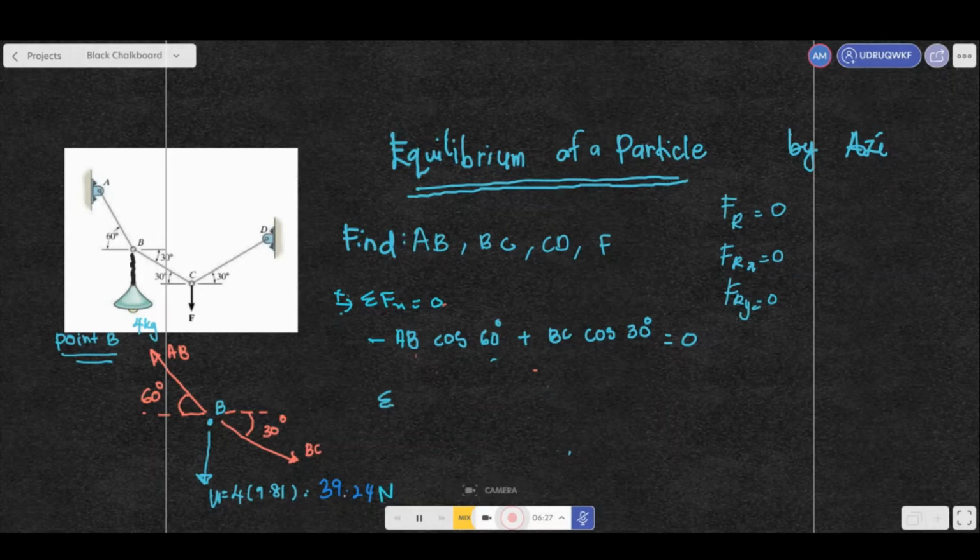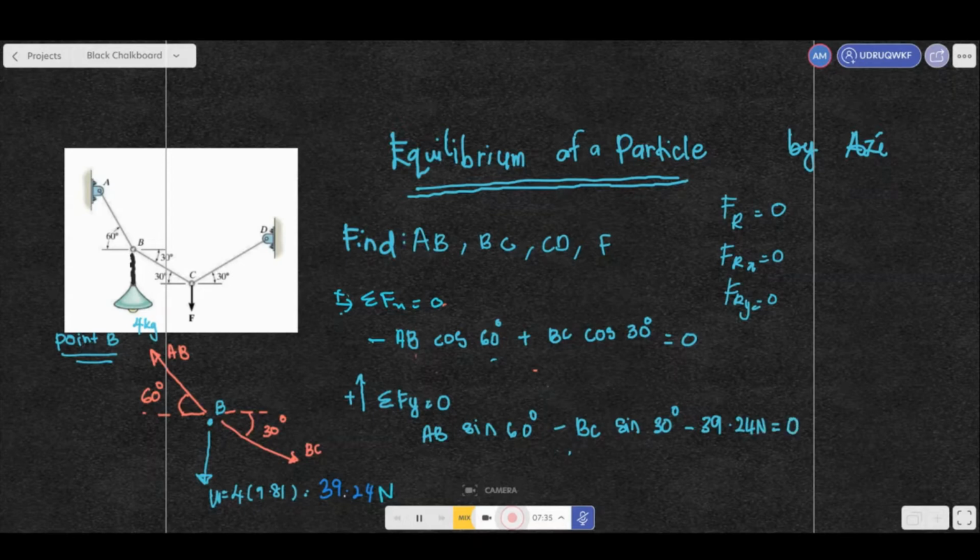And for the summation of Fy equal to 0, we have AB sin 60 positive, and for BC it will be negative BC sin 30 degrees, and then we have the weight of the lamp, which will be negative 39.24 Newton, equal to 0.